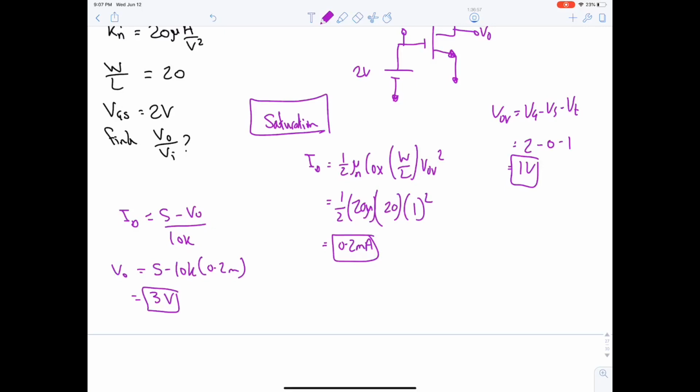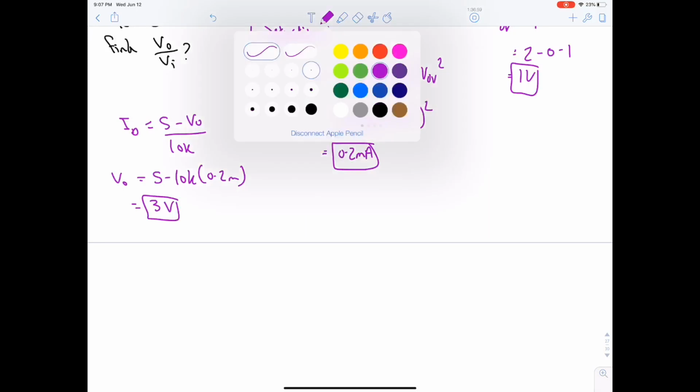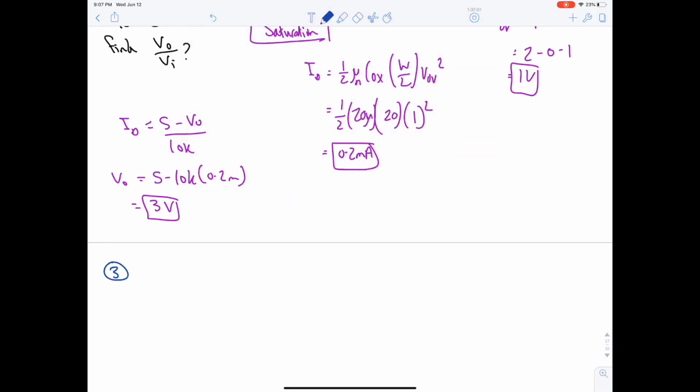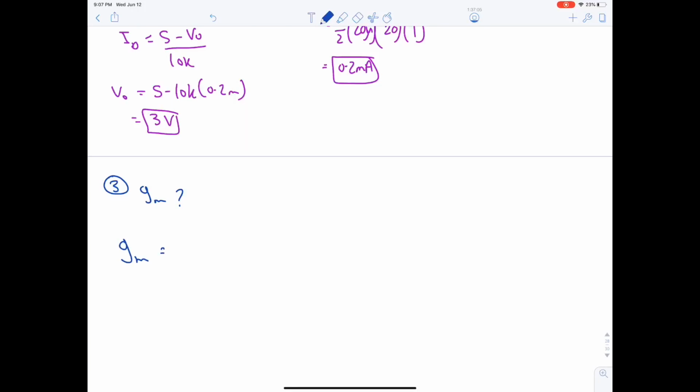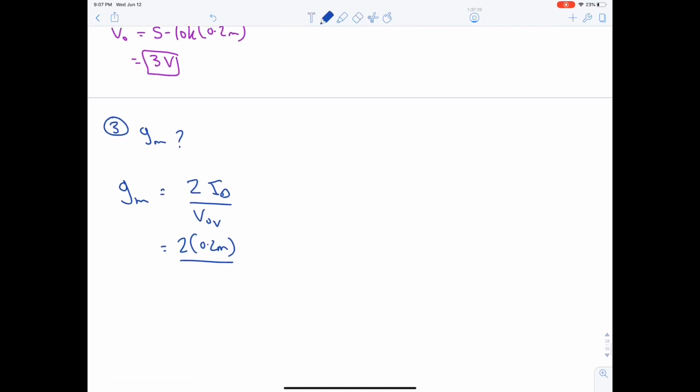Okay. Step number 3 is computing gm. gm is 2ID over VOV, 2 multiplied by 0.2 milli divided by VOV, which is 1. So this is equal to 0.4 milliampere over volt.